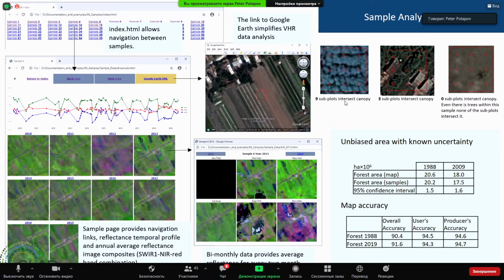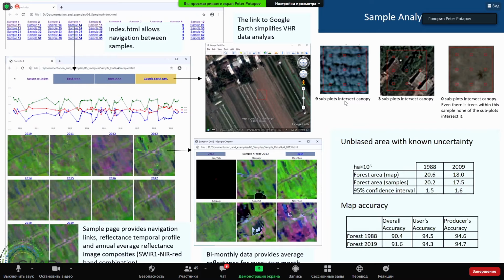And as Dmitry mentioned in his talk, in reports, especially international reports, like a UNFCCC carbon emissions report, we need to use statistical samples to assess the area with a known error.